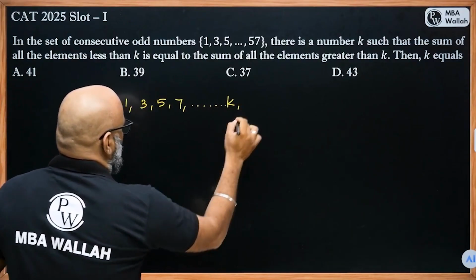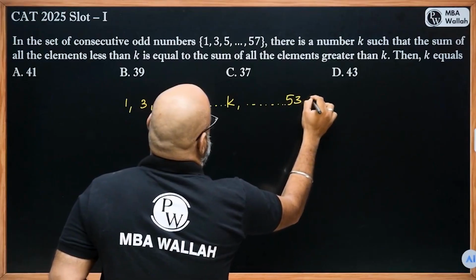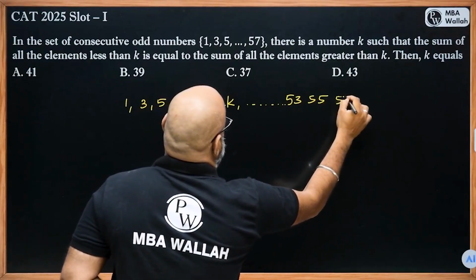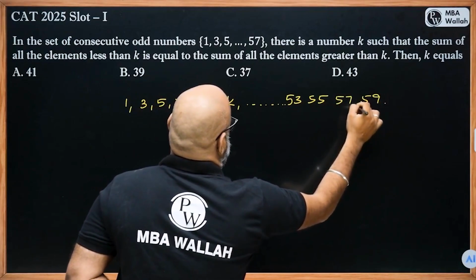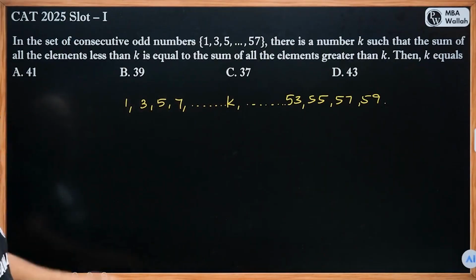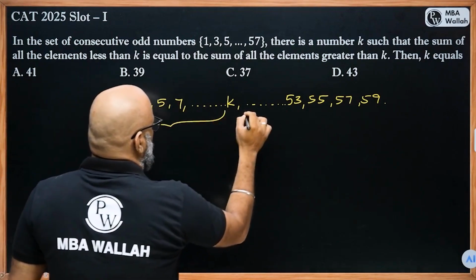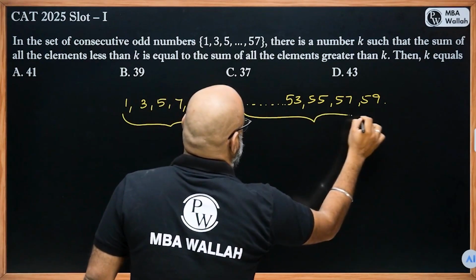Somewhere here is k. And then 53, 55, 57. So like this, the sum of this range is equal to the sum of this range.